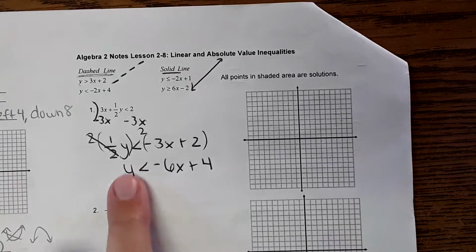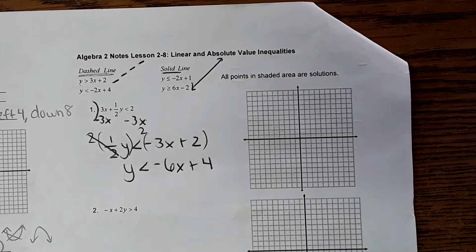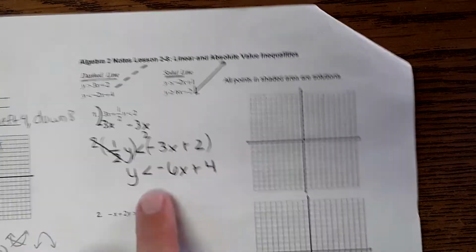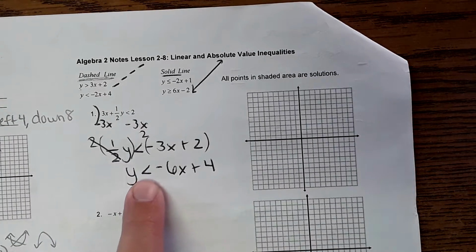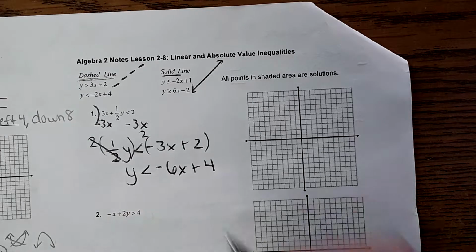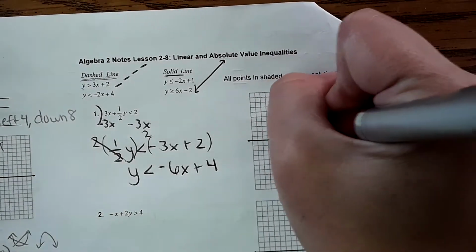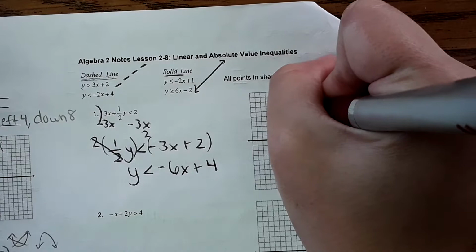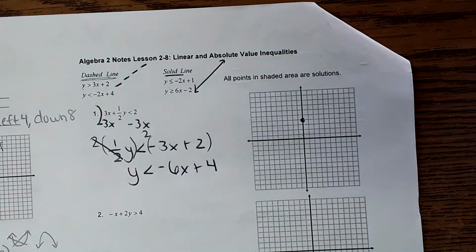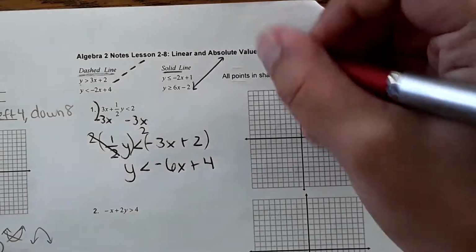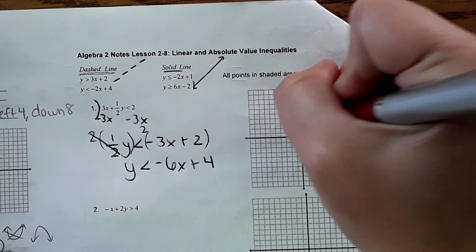Okay. So then we have this inequality here, and we're going to graph this line. But remember, we don't have a line underneath that right there, so we're going to have to do a dotted line. Just starting out, our y-intercept is 4, like this. And then the slope is negative 6x, so we're going to go down 6 over 1.